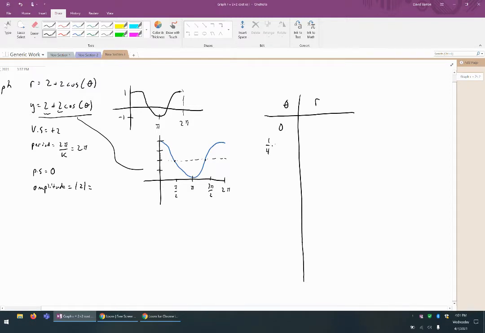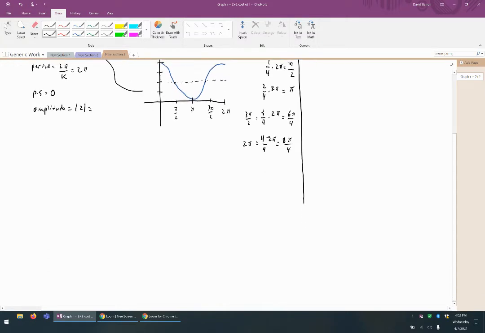So 1/4 times 2 pi, or in other words, pi over 2, 2/4 times 2 pi, or pi, 3/4 times 2 pi, 3 pi over 2, 4/4 times 2 pi, or 8 pi over 4, 2 pi.